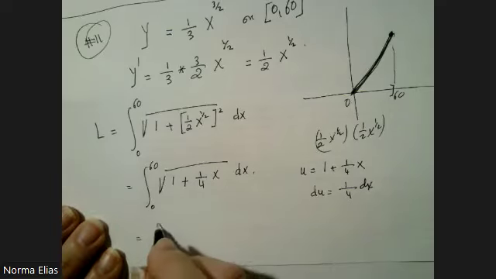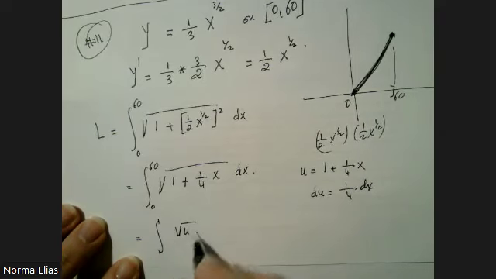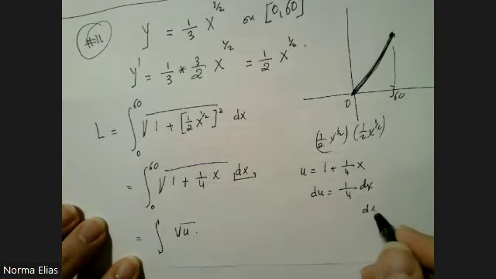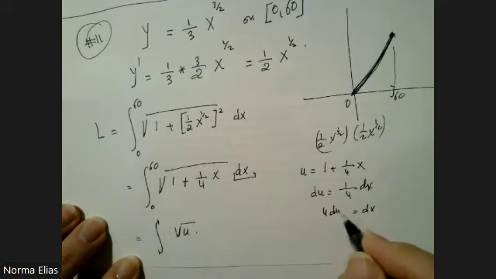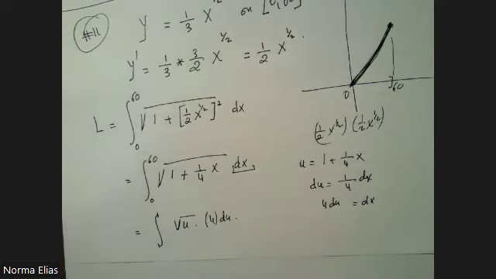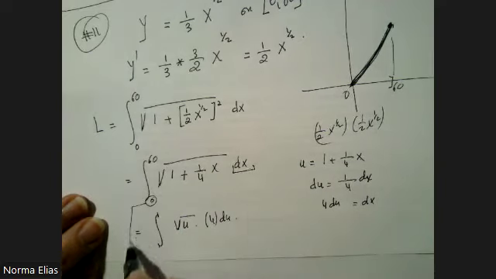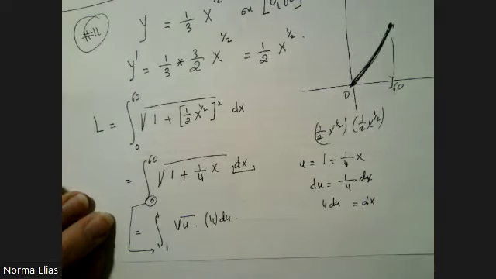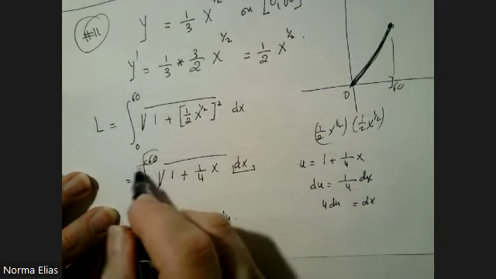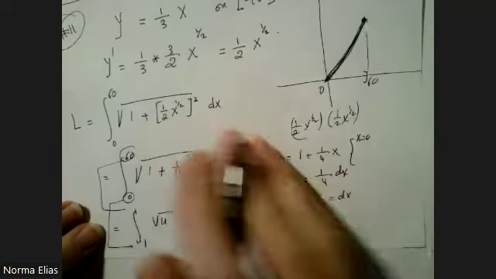So this would give me the integral of the square root of u times 4 du. Now the limits. As I said several times, you can change the limits immediately at the beginning, or you can wait until the end. You have a choice. The limits here are easy because if x is 0, u is 1.